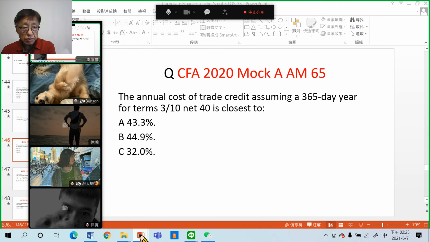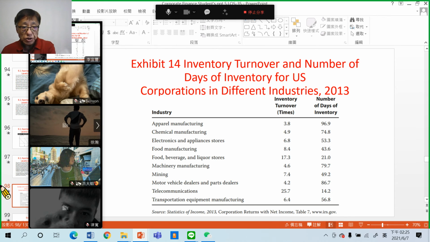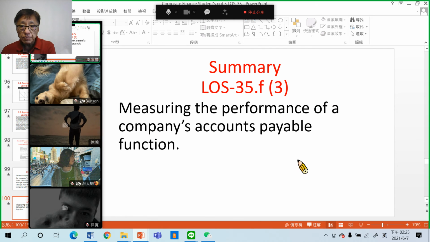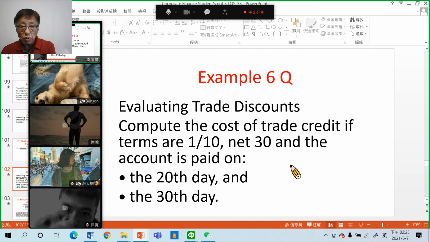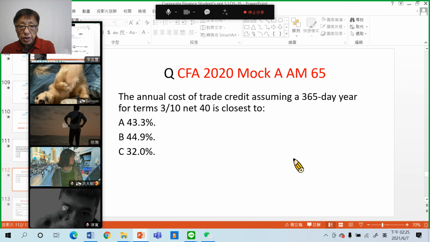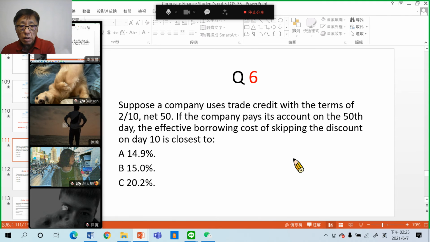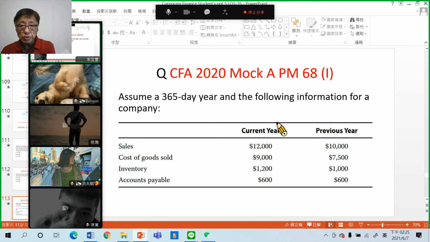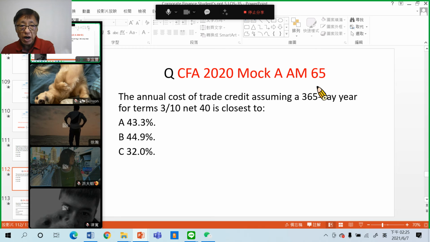Okay, let's go back to the students' version. We have this one, and this one, and this one. Okay, so you finished question 6, right? And then who is going to continue with this 65? Don't you have this question in your group? The one on page 112.